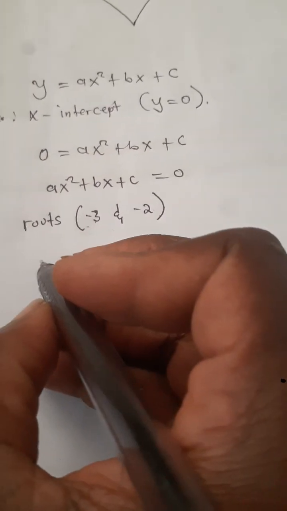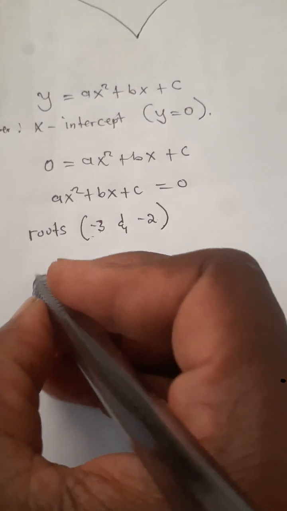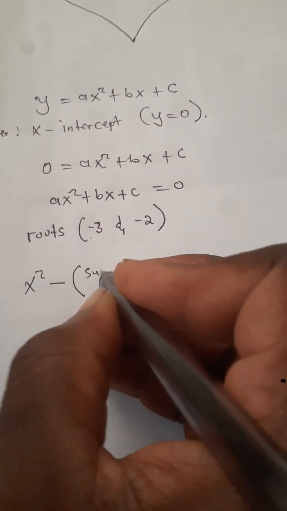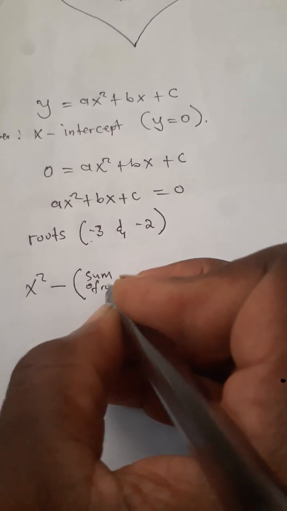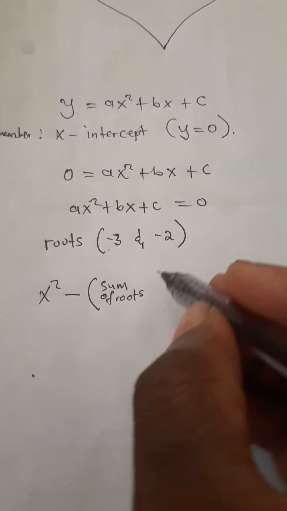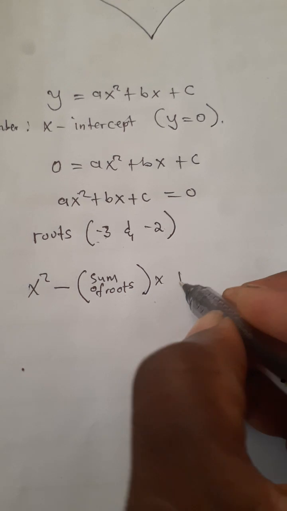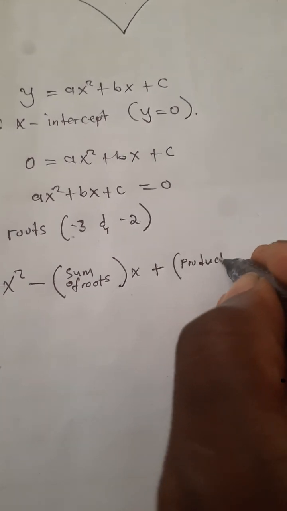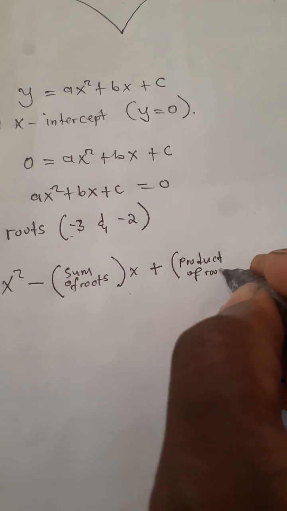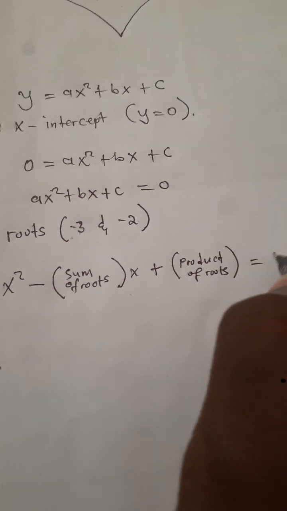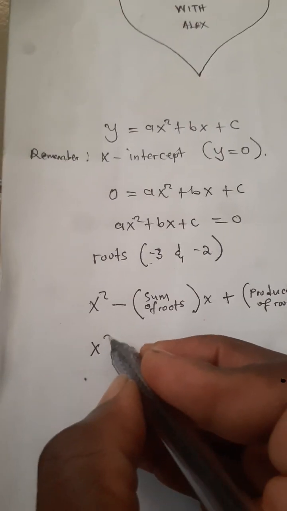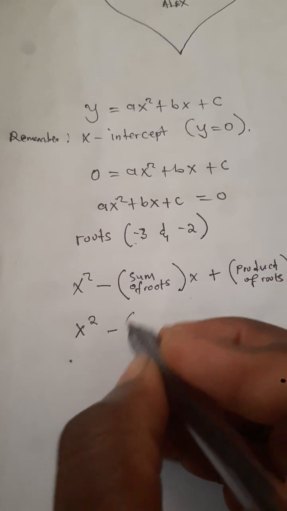For any quadratic equation, we know that x squared minus the sum of roots times x, plus the product of roots, is equal to 0.